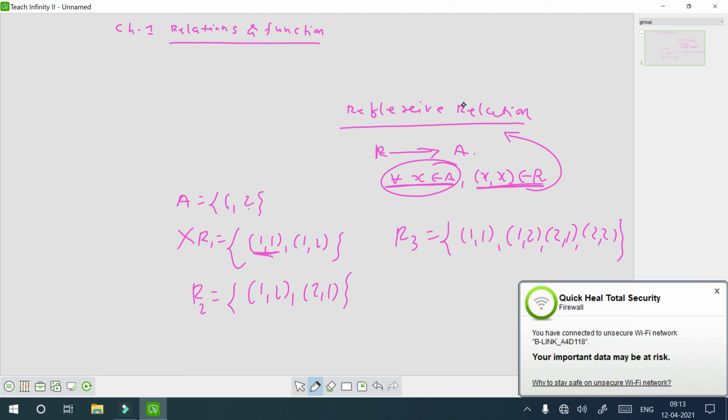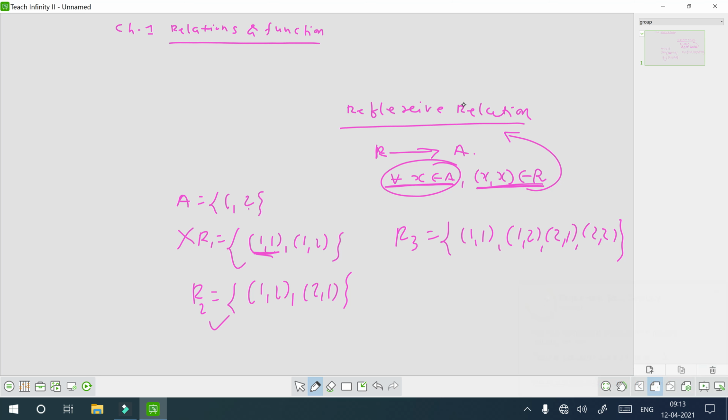Here see, if you observe R2, there is no (1,1) as well as (2,2). (1,1) is also not there and (2,2) is also not there. So this relation is also not reflexive. While in case of this one, see, (1,1) is there as well as (2,2) is there. So this condition is fulfilled for every member x belongs to A. So it is a reflexive relation.